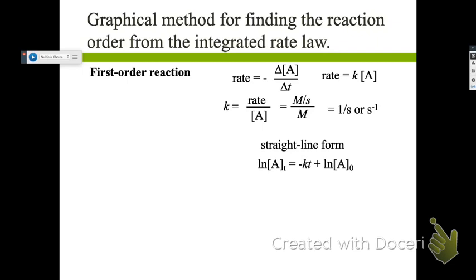Okay, so the linear equation is usually y equals mx plus b. So ln of A is y, and negative k is m. And then ln of the initial concentration is b.